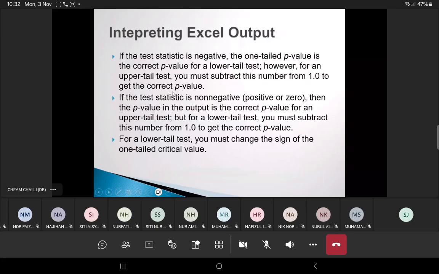Ya, hypothesis. Ada satu cara lagi yang kita boleh tulis hypothesis. Contohnya, if you have two sample, you can write for null hypothesis, you boleh tulis macam ni: mu1 is greater than or equal to mu2. Okay, this is for null hypothesis. Alternative hypothesis, mu1 is less than mu2.